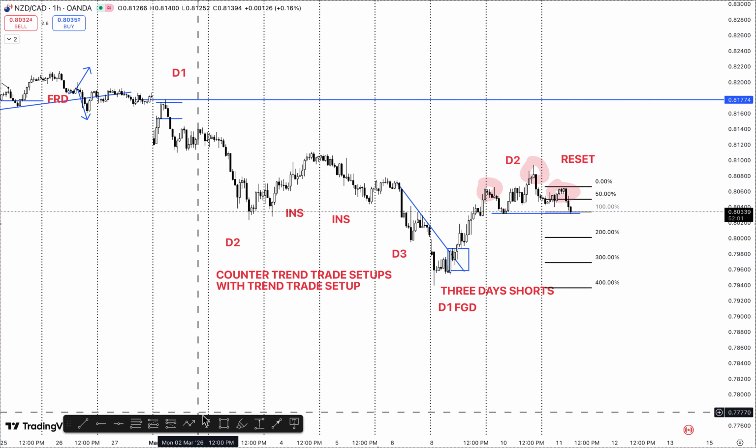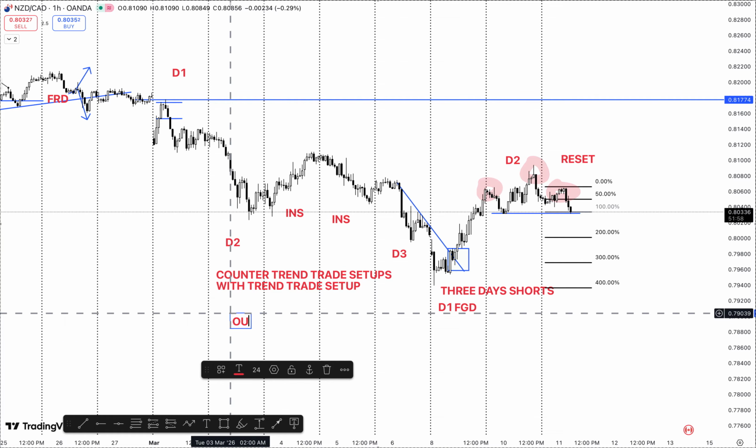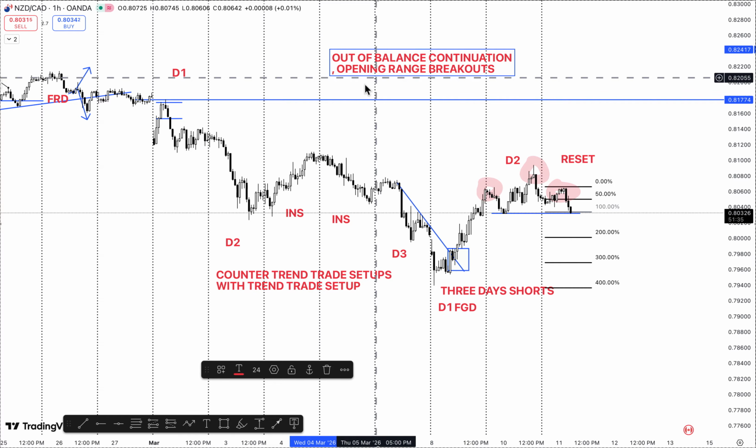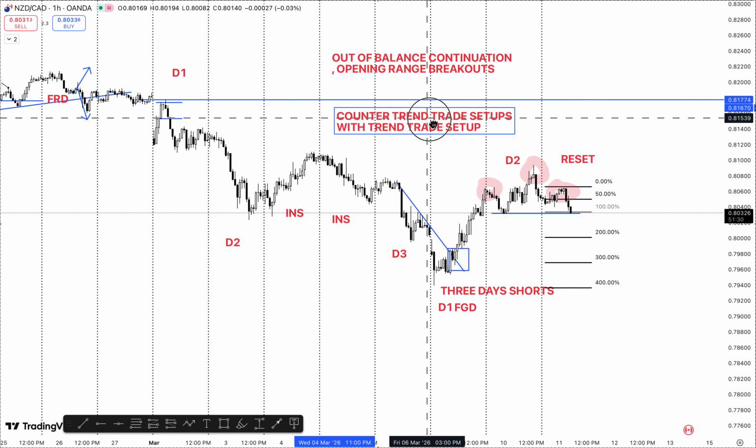Now, these trend continuations can be an out of balance continuation, which is also called opening range breakouts. Okay, out of balance continuation or opening range breakouts.